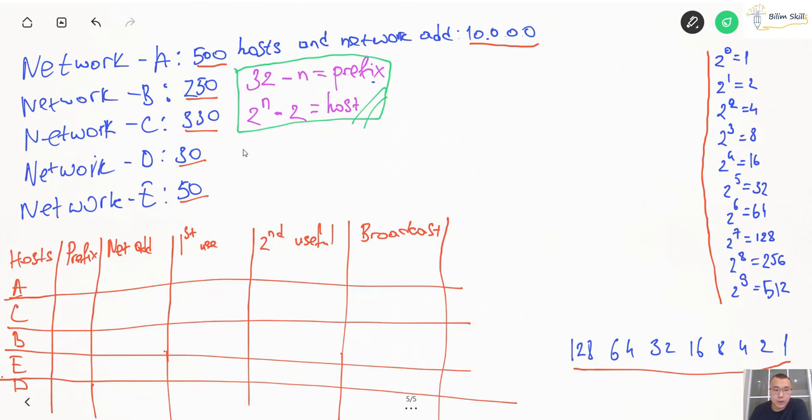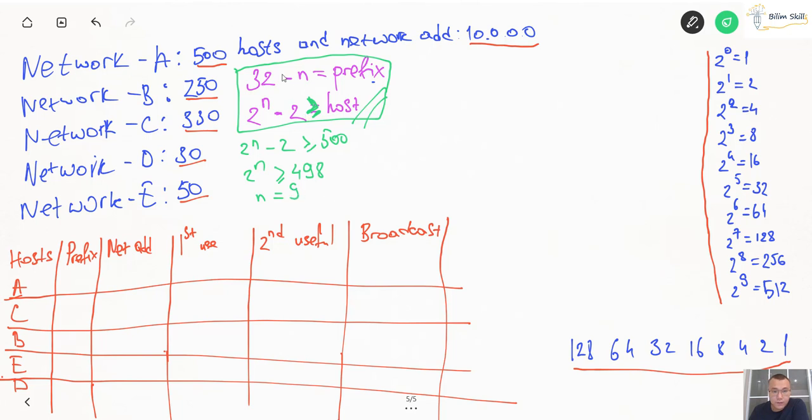So for network A, 2 power of n minus 2 is not equal, it is greater or equal to the host number, which is 500. So 2 power of n is greater or equal to 502, and n will be 9.